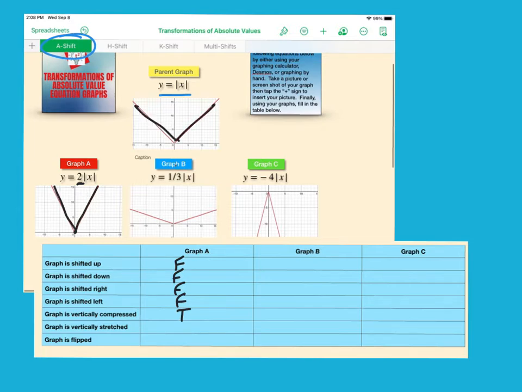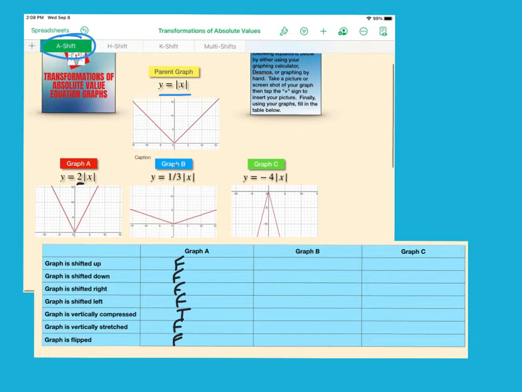We can see that it is a wider graph up top than on the bottom, okay? So we said it was not stretched, it was just compressed. Was it flipped? What do we think on that? No, it was not. I guess technically it could have been. It would have been the same, but it was not flipped. So you should have got false on that one.